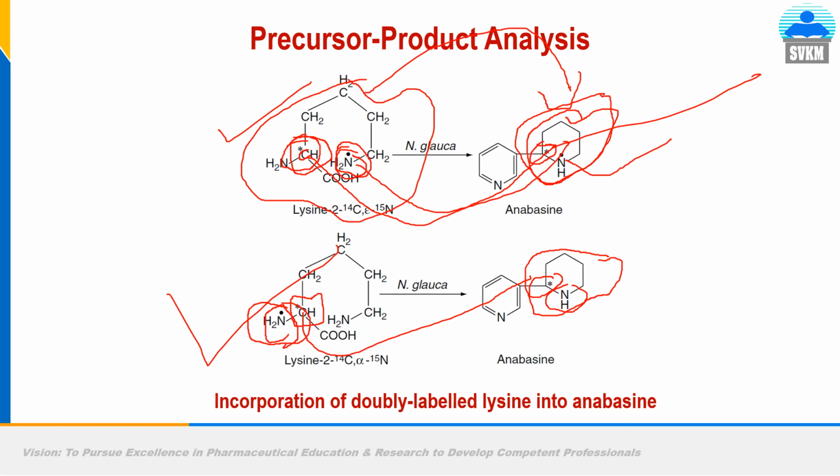In this lysine there are two nitrogens, but which nitrogen is being utilized for the nitrogen of piperidine? We come to the conclusion that the nitrogen at this position is utilized for the formation of the piperidine ring of anabasine. This is how things are confirmed in precursor product analysis.